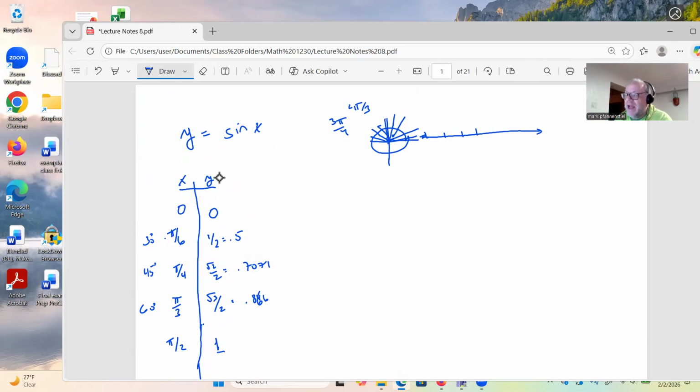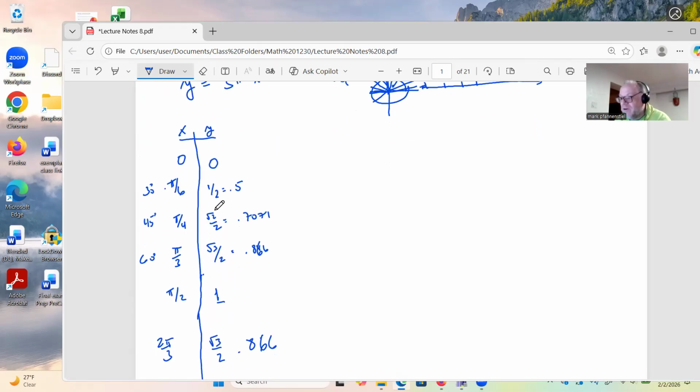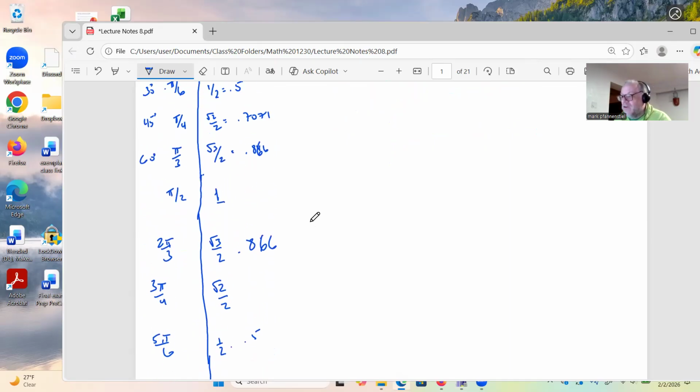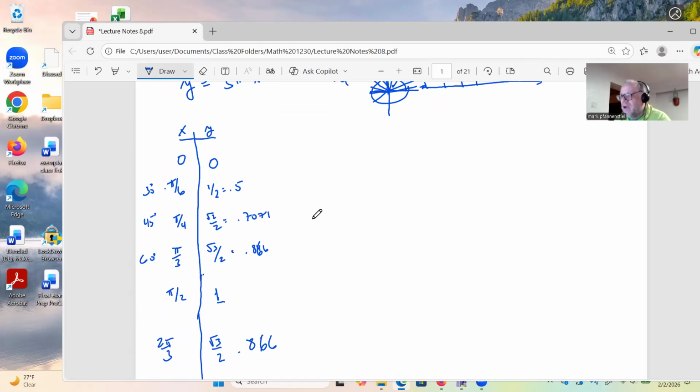Now, at pi, we are at 180. We're back at the axis here. Now we're going to dip down, a little bit further, so we end up with 7 pi over 6. The reference angle for 7 pi over 6 is pi over 6.